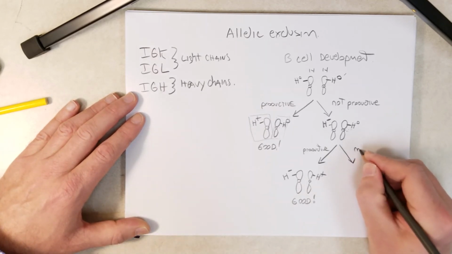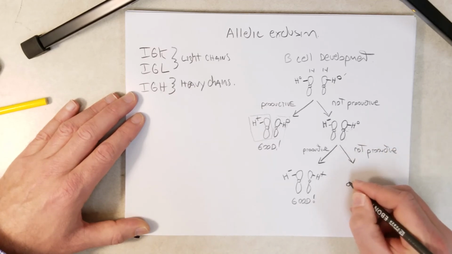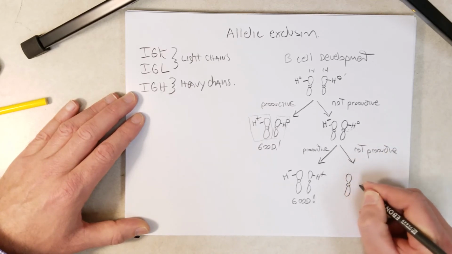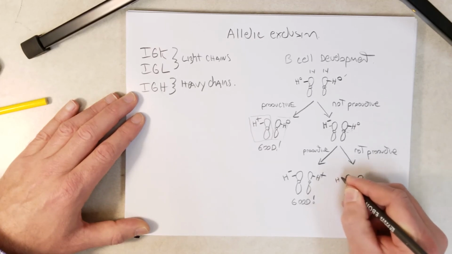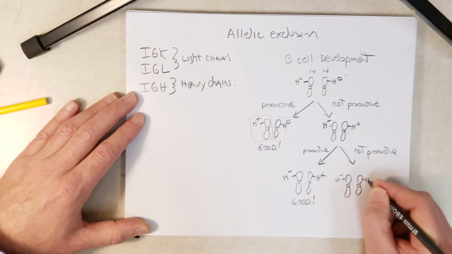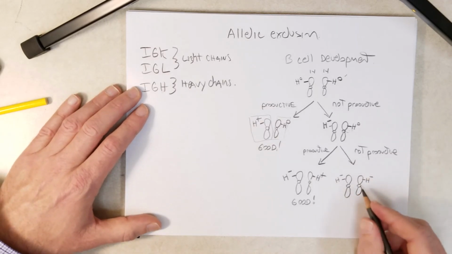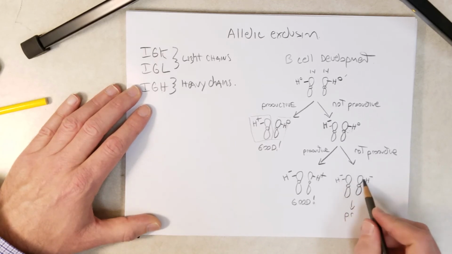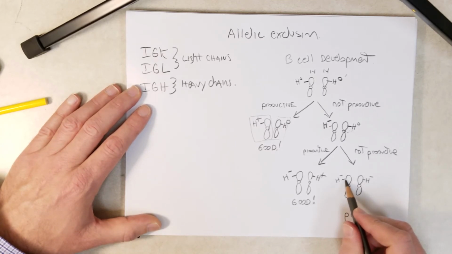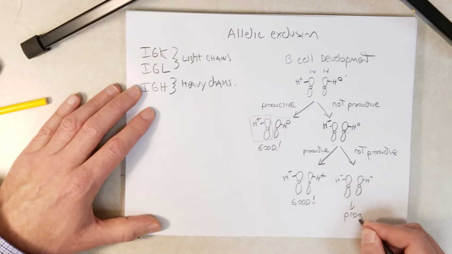If it was not productive, well then the cell is unhappy. And then apoptosis is initiated because this is a B cell, and a B cell that can't produce an antibody is a worthless B cell. So where both recombination attempts at the IgH locus failed, it leads to programmed cell death.